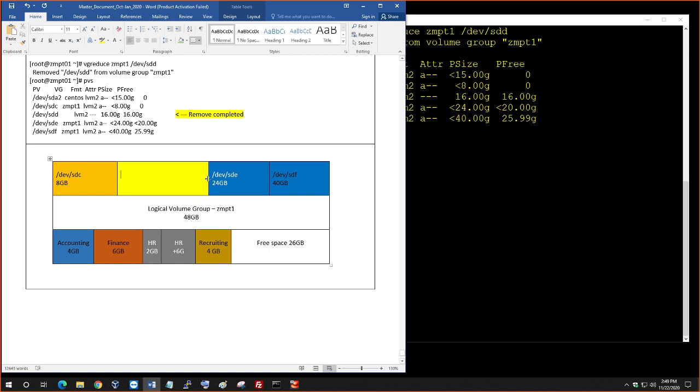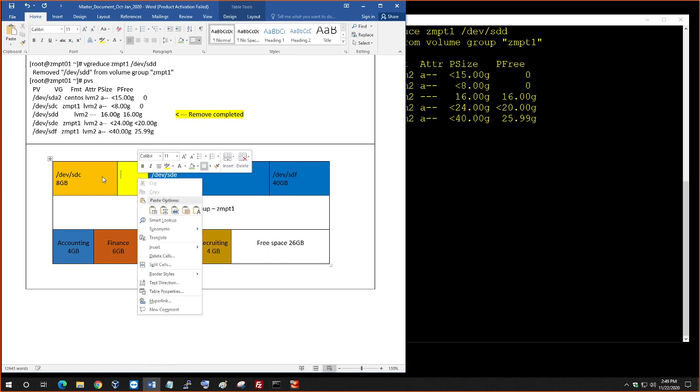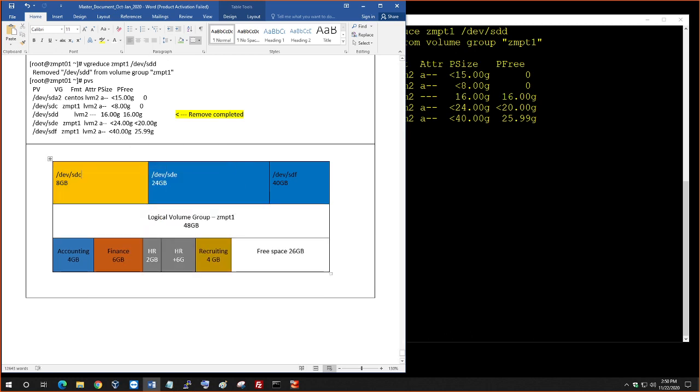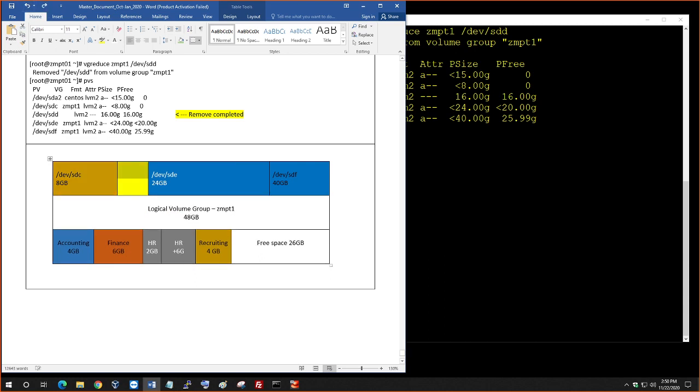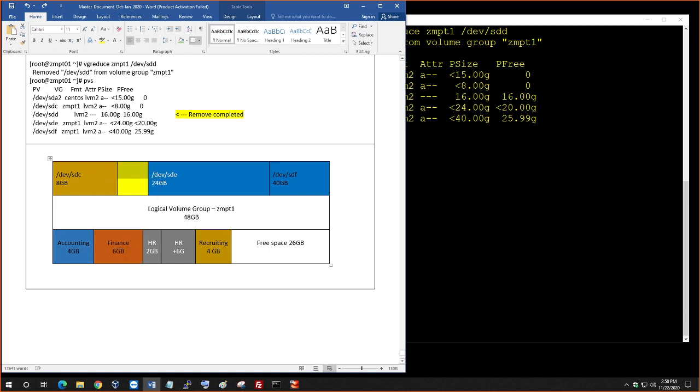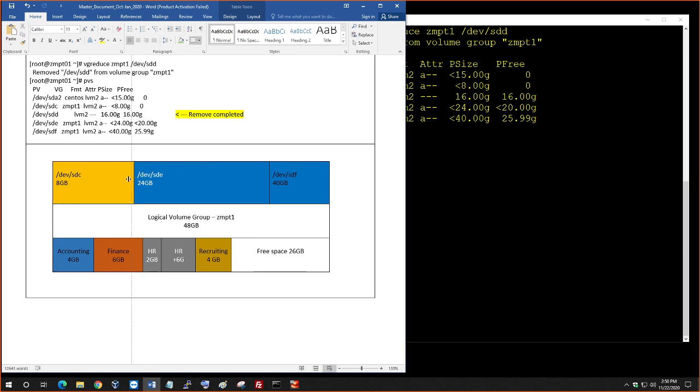So I'm gonna merge cells. Okay, so SDC is there, SDE is there now.